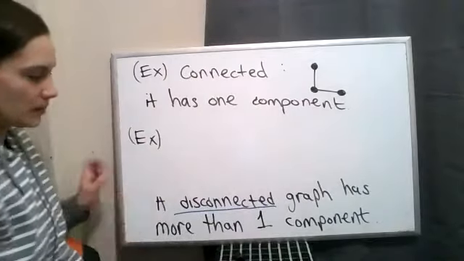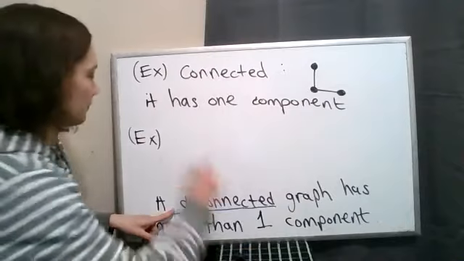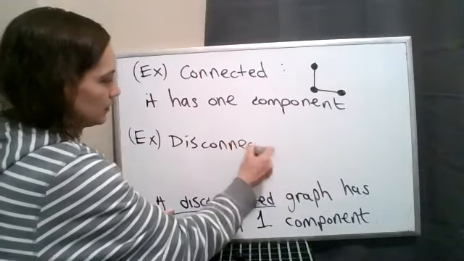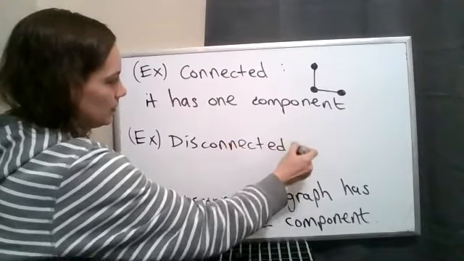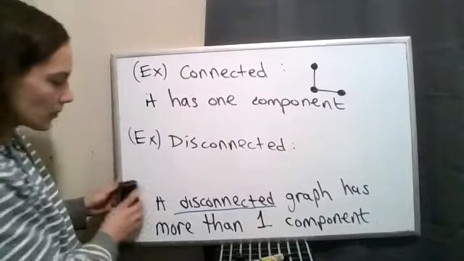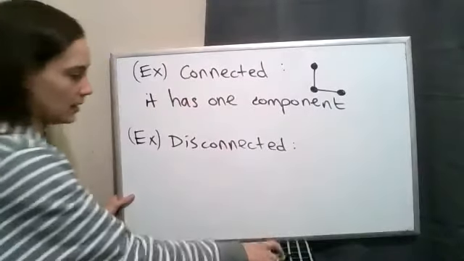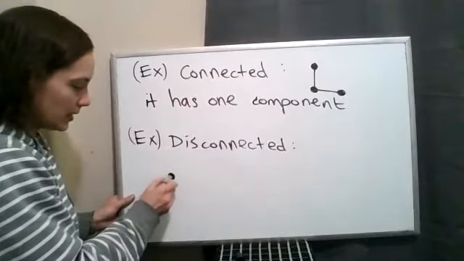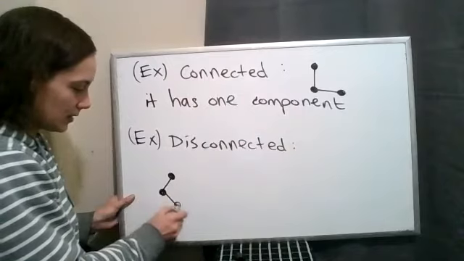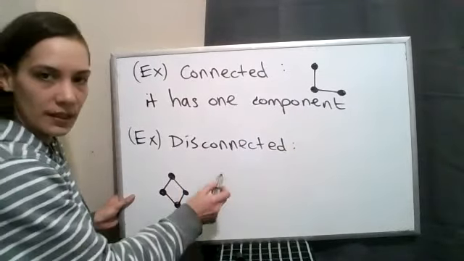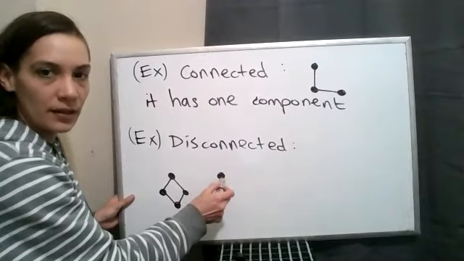Okay, we want something disconnected. I will draw, let's see, the first component as a diamond. Then we'll go over here and do a dot with a loop.